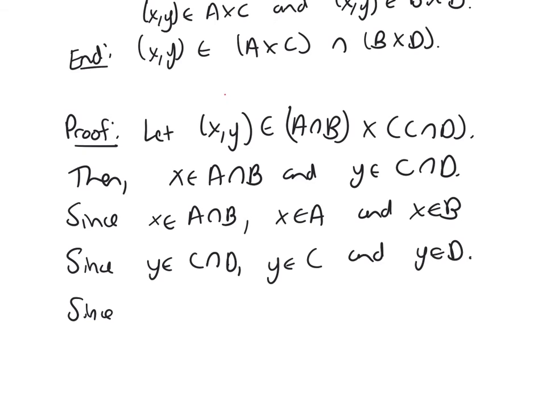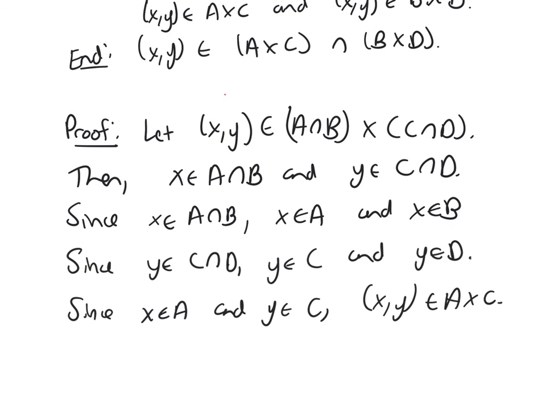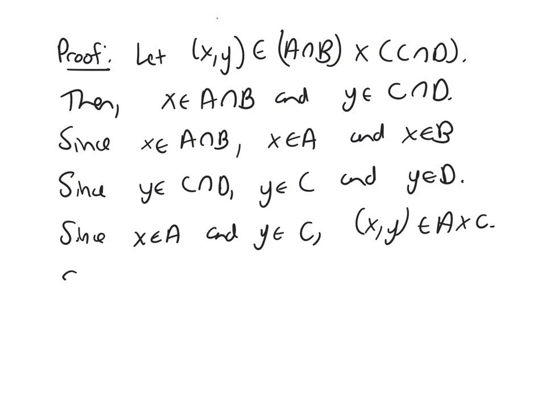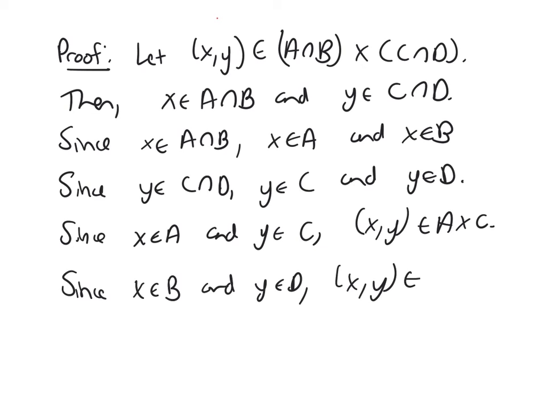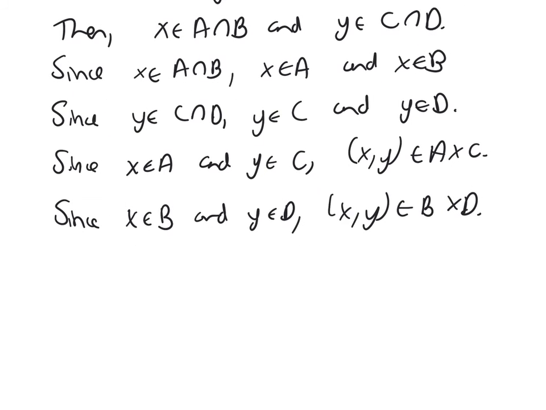But now I have that x is in A and y is in C. That means (x, y) will be in A × C. I also have that x is in B and y is in D. That means that (x, y) is in B × D. And so what do we got?